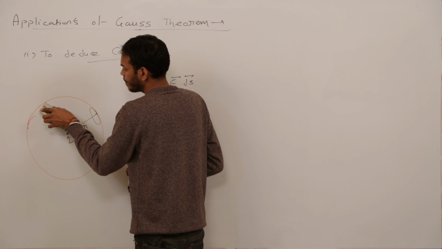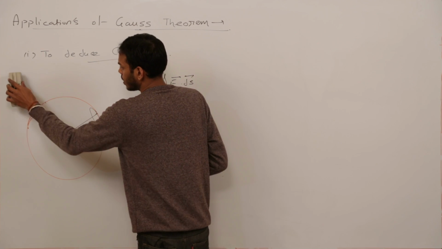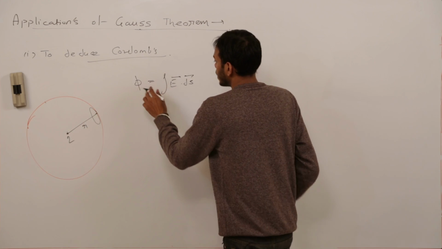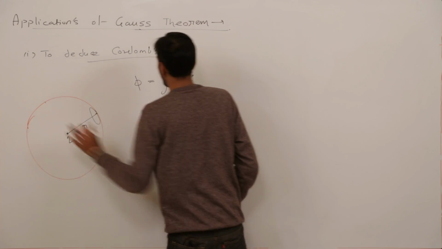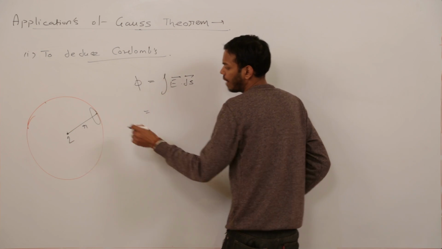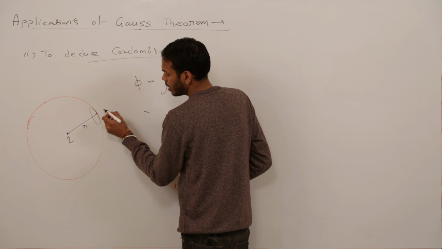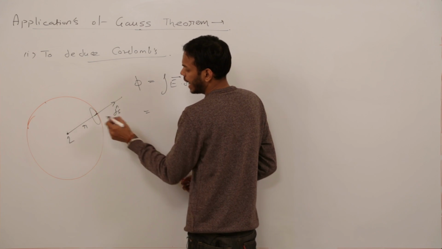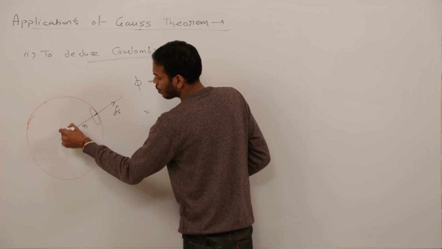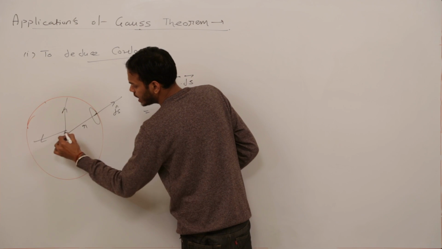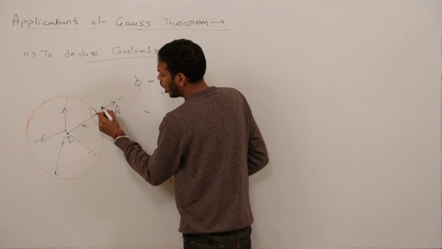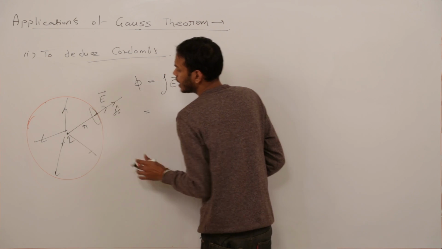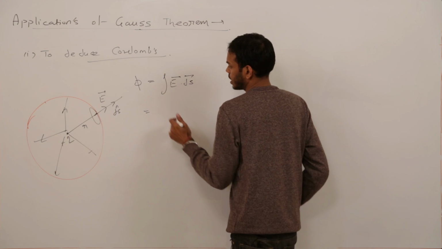So this was the area vector. Now flux is equal to E dot ds, and I have considered a small area element. The area vector would be outwards, and since this is a positive charge, electric field lines are radially outwards from every point. So both of these are in the same direction.